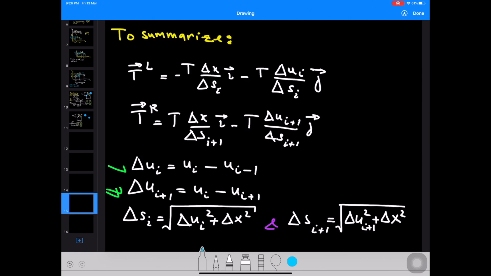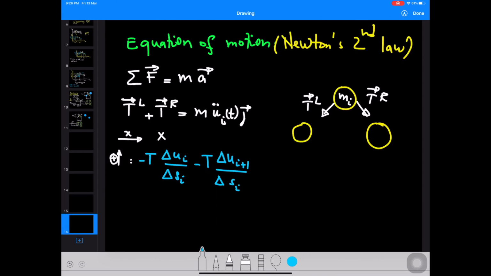So we have only the components on the y-axis. So we only take these two components. So we'll have the sum of the forces be equal to the mass times the acceleration at time t. So this is the most important component of the equation of motion.